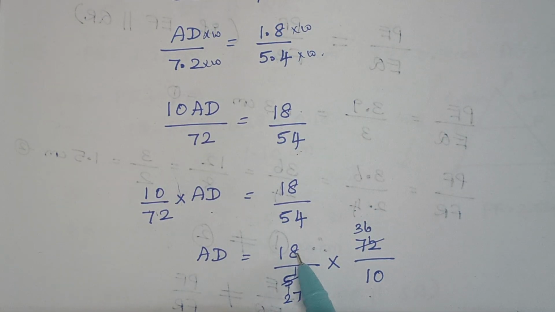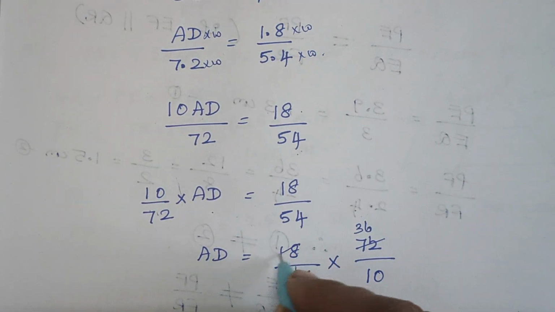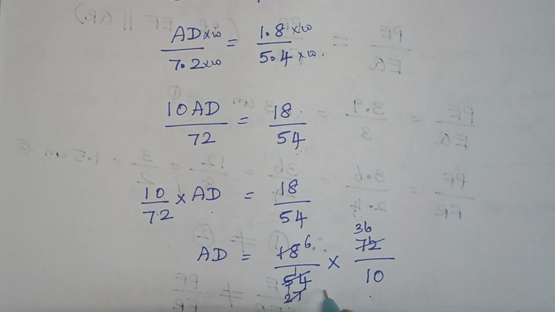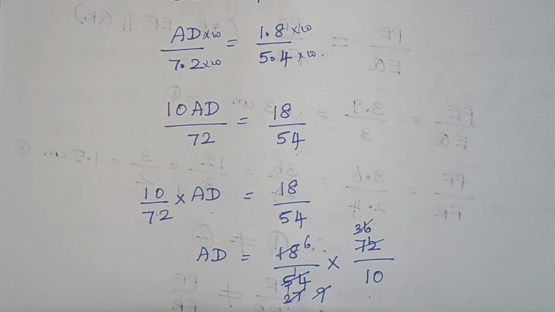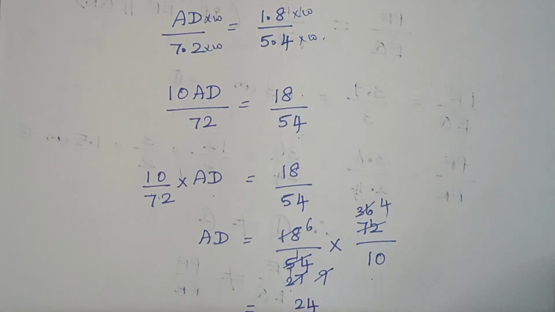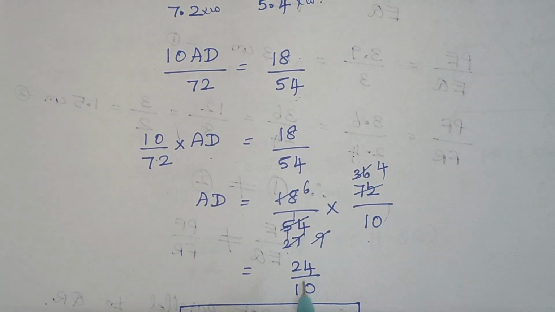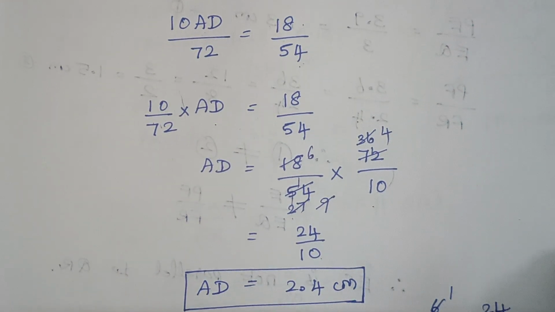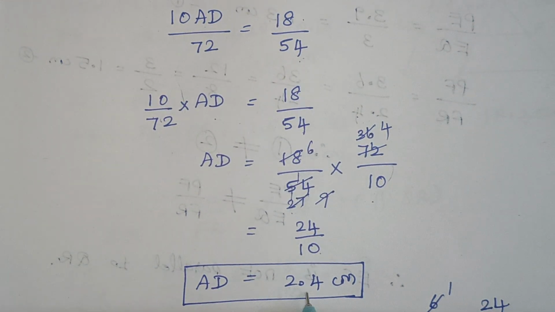Again 18 and 27 we can cancel by 3: 6 3s are 18, 9 3s are 27. And this 9 and 36 can be cancelled directly, because 9 4s are 36. So finally we have 6 into 4. 6 4s are 24, and in the denominator I have 10. So finally the value of AD is 2.4 centimeters.